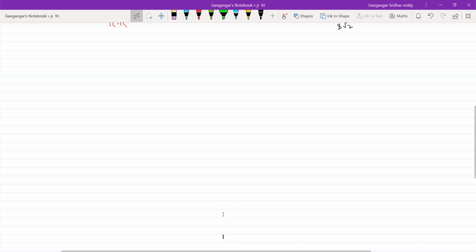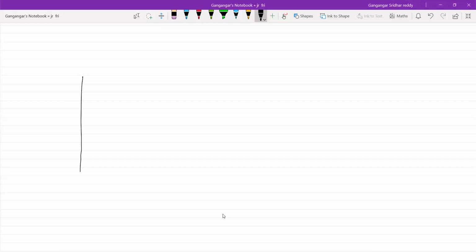I'll proceed to the next diagram. So here, this was the distance, 20 meters, no?